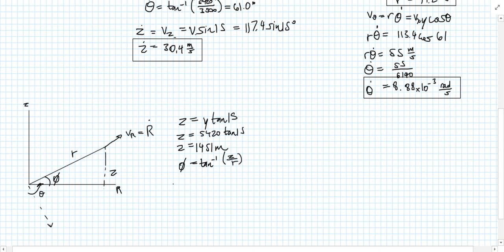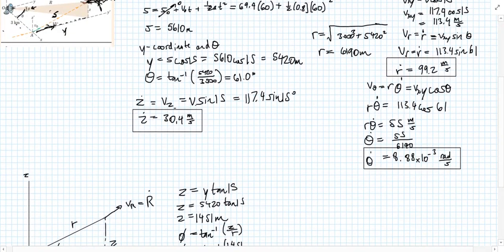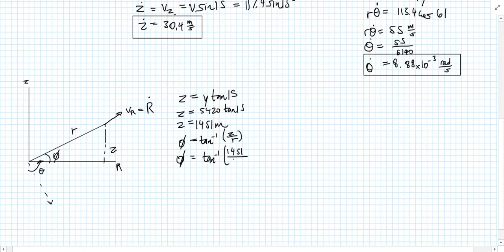That means phi is equal to the inverse tangent of z, which we just found, 1451, over r, which we found right here, 6190. And this will give us a phi of 13.19.